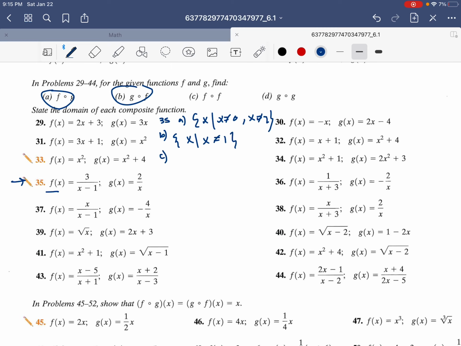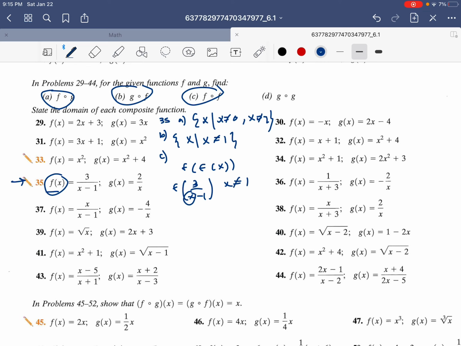I have to do C, f of f. So f of f of x, look at f here. You're going to plug it in, 3 over. So here you also see x cannot equal 1, right? Okay.